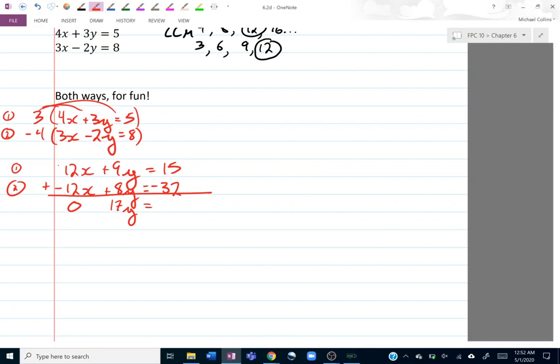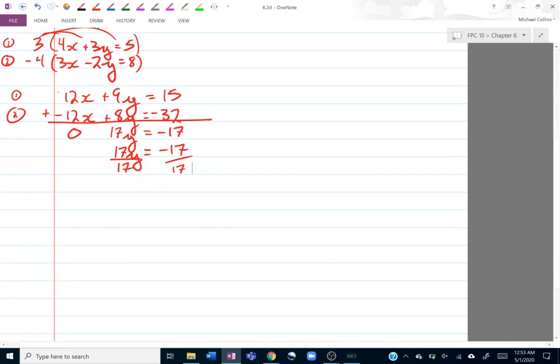Now I'm going to have to get my calculator out because this is a little bit tricky. 15 plus negative 32 is going to be, oh, this is so convenient, a negative 17. I thought it might be something nice. So to simplify, I get 17y is equal to negative 17. Divide both sides by 17. And y is equal to negative 1.